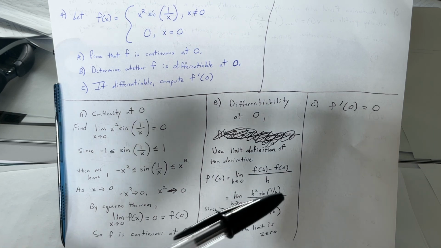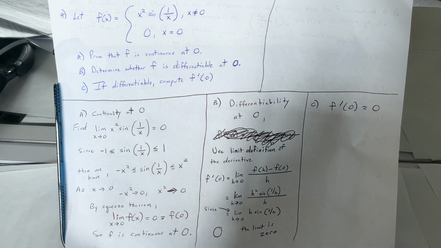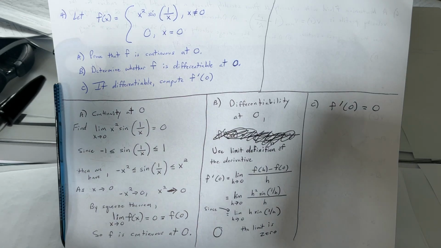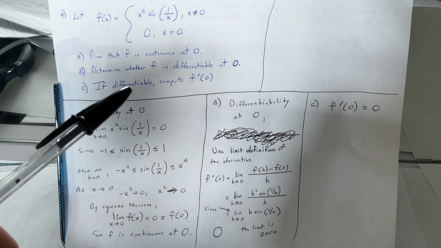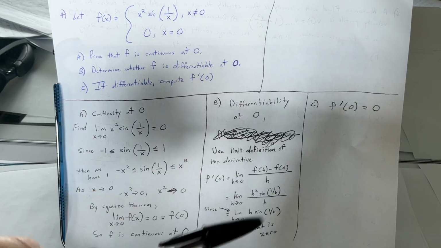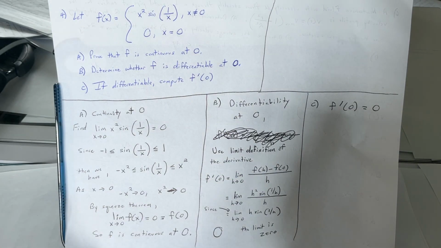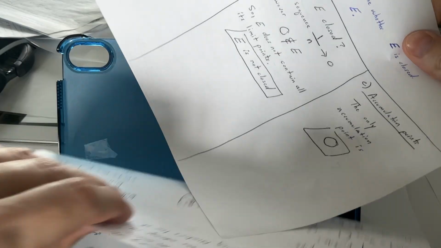Just substituting, we wind up with the limit being 0. That leads right into part C: if differentiable, compute f prime of 0. It comes out to 0. So that was number 4. Now we can move along to number 5.